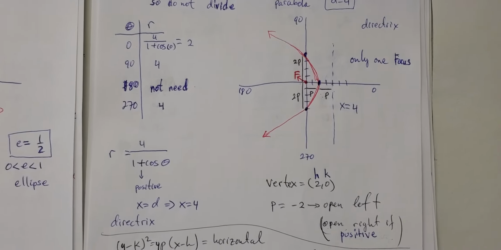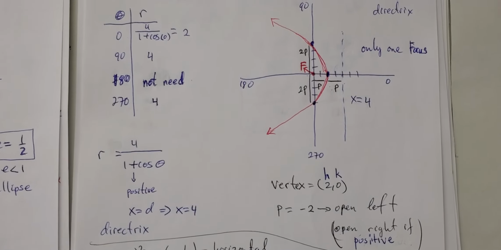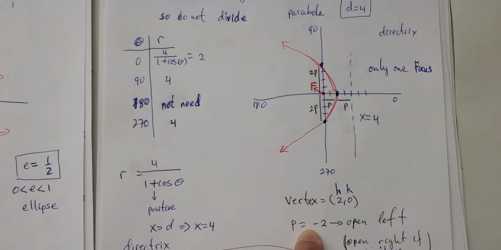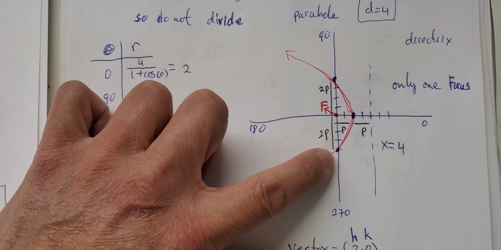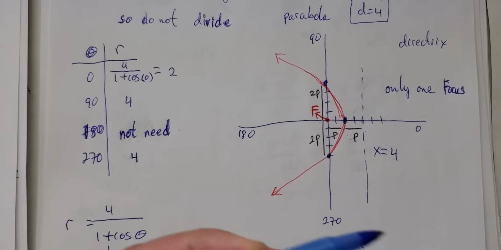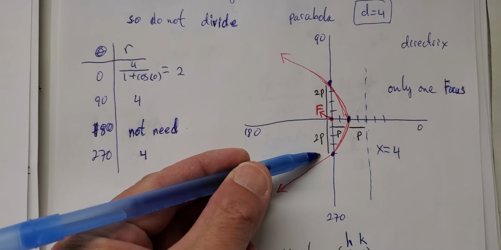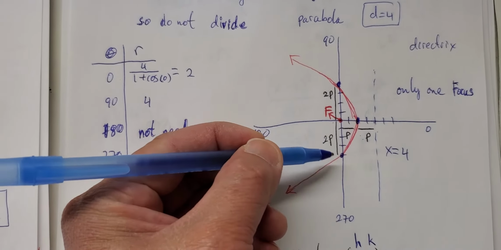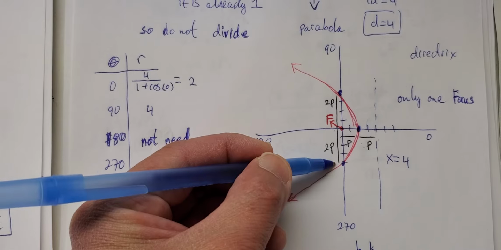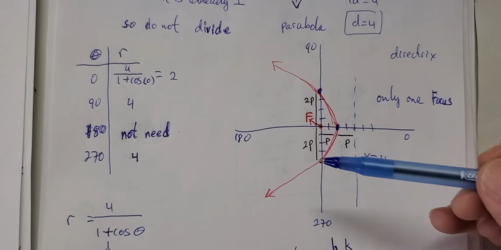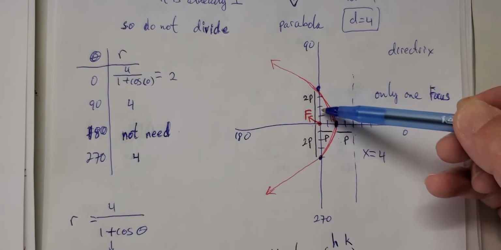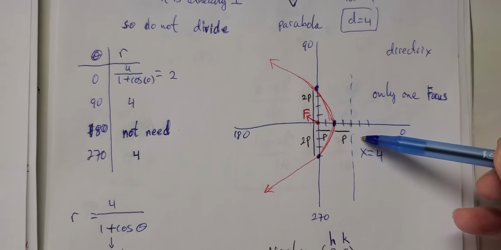Now we know what the vertex is, and we know what p is. Also, from this point right here to this axis, it is always 2p. If you look carefully, from the directrix to the pole it is 2p.